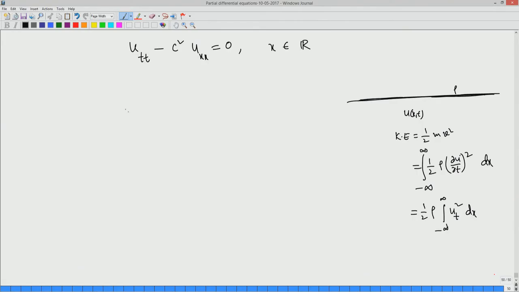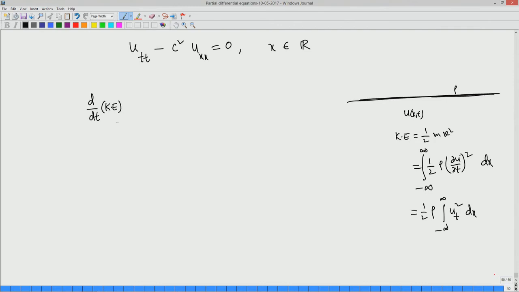The energy argument is to check whether the energy is conserved, that is, whether its derivative is 0. This is only the kinetic energy. There is also potential energy, and kinetic plus potential energy is constant, which is the total energy that should be conserved.